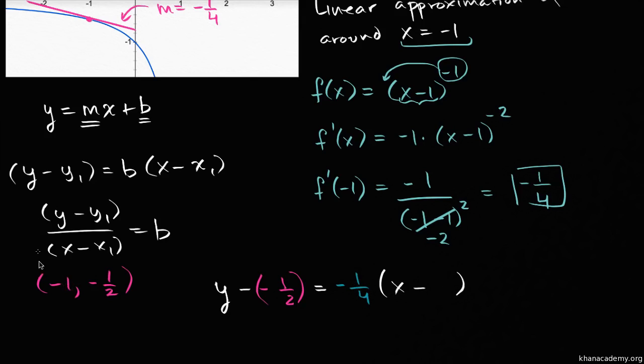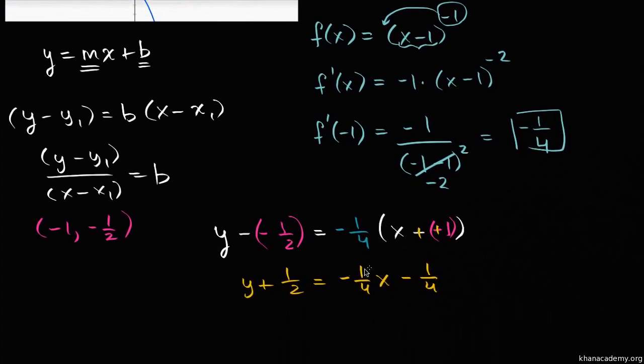So x minus our x coordinate that we know sits on this, so minus negative 1. And so let me now write all of this in a neutral color. This will be y plus 1/2 is equal to, and this is going to be plus 1 right over there. So I can distribute the negative 1/4. So it's negative 1/4 x minus 1/4.